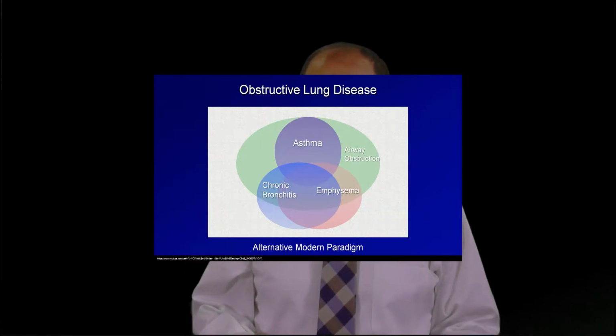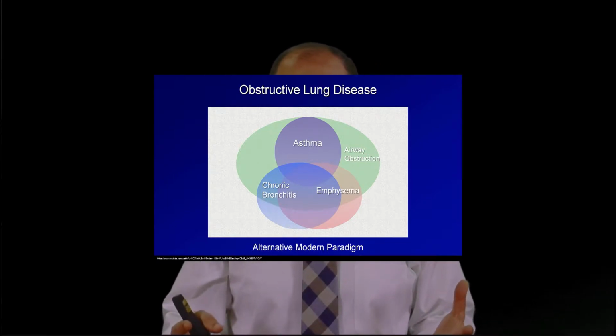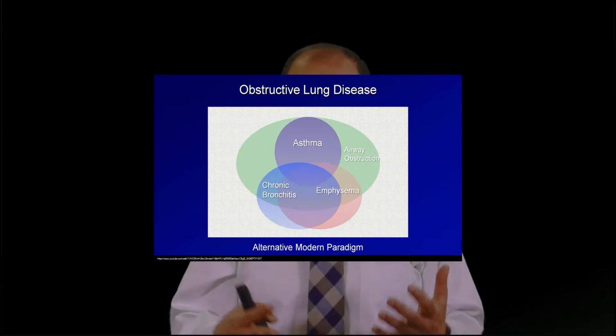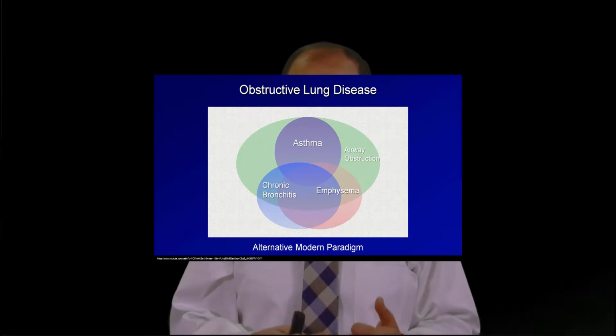Let's discuss the pathophysiology of asthma and COPD. COPD, chronic obstructive pulmonary disease, includes patients with chronic bronchitis and emphysema, and mostly these two elements are found together in almost all cases of COPD.